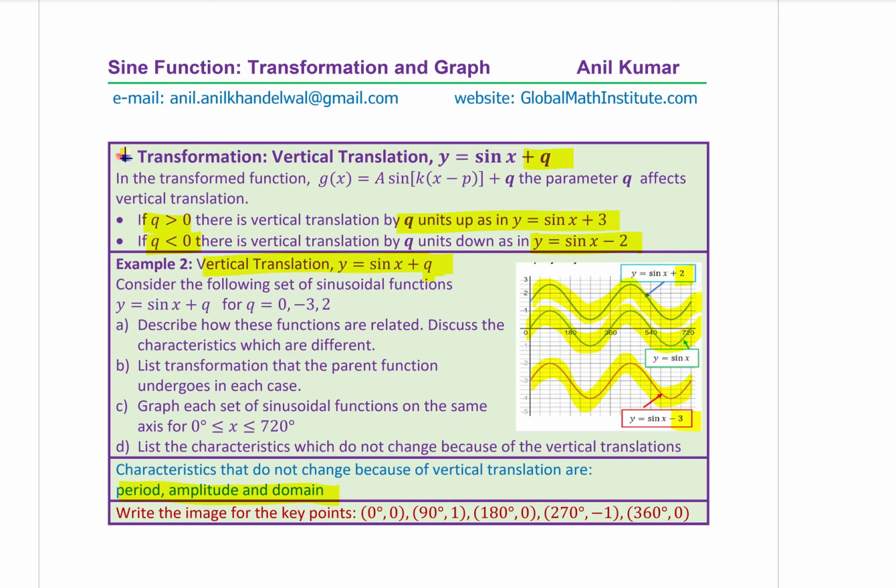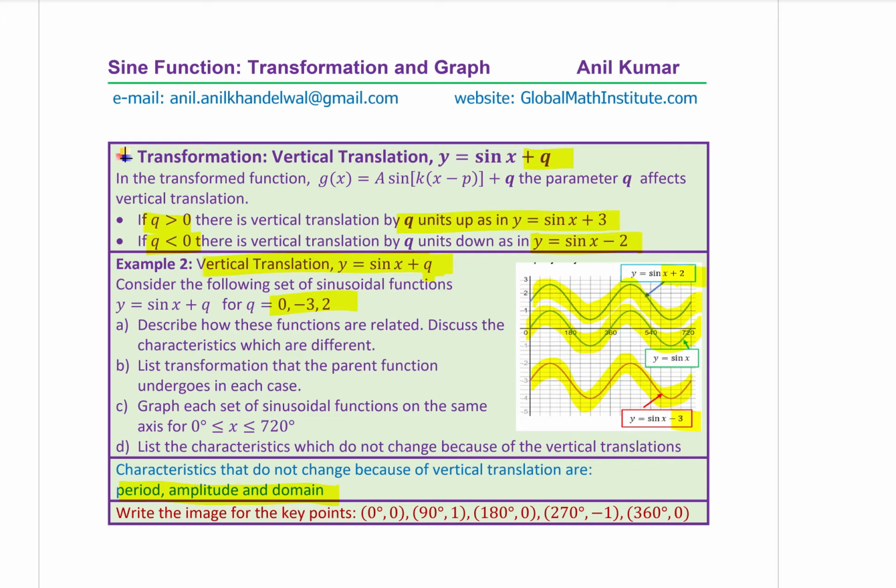Consider the following set of sinusoidal functions: y equals sine x plus q, where q is 0, minus 3, and 2. The three graphs shown reflect these different values of q. If q is positive, for example 2, it will move up. If it is negative, the whole graph will move down.